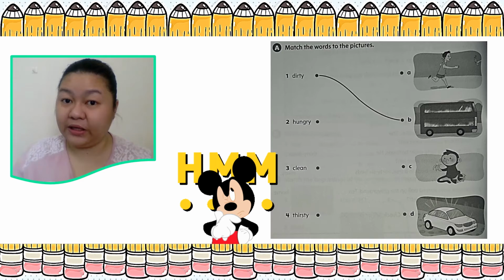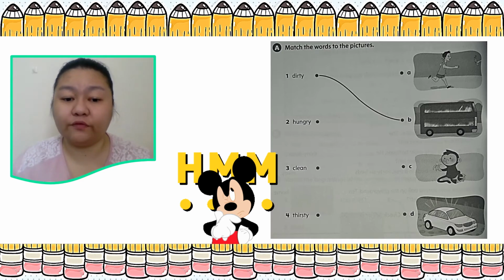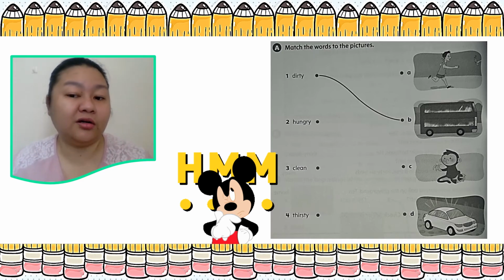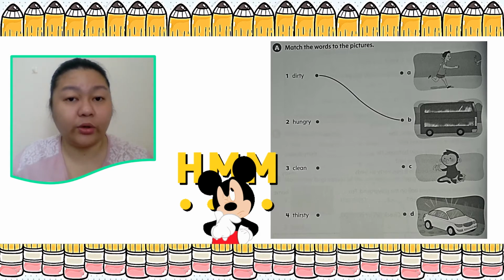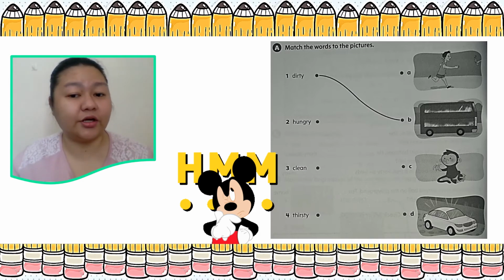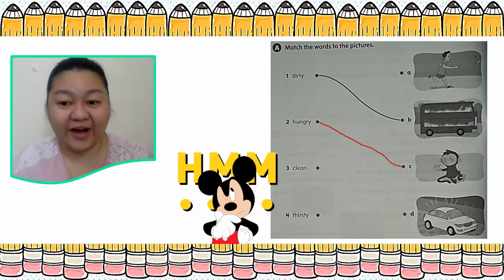Now it's letter B. Now how about for the word hungry? Which one? A, C, or D? Which letter? Correct.